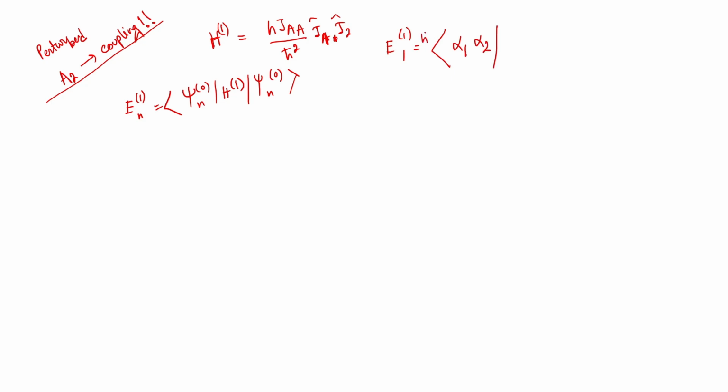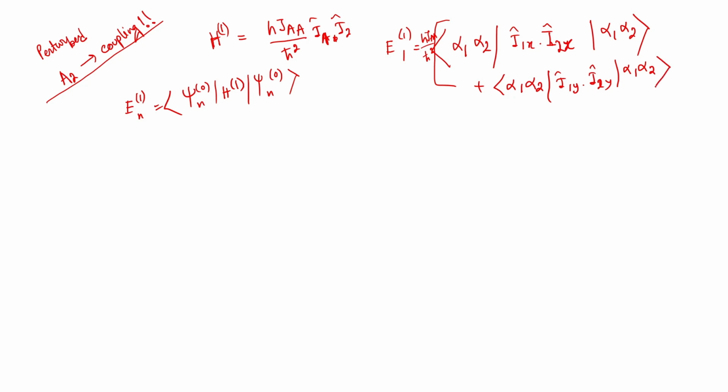Now h J, we can take this thing outside, that is correct, and again this means alpha 1 alpha 2 I1x I2x alpha 1 alpha 2, then plus alpha 1 alpha 2 I1y I2y alpha 1 alpha 2, right?